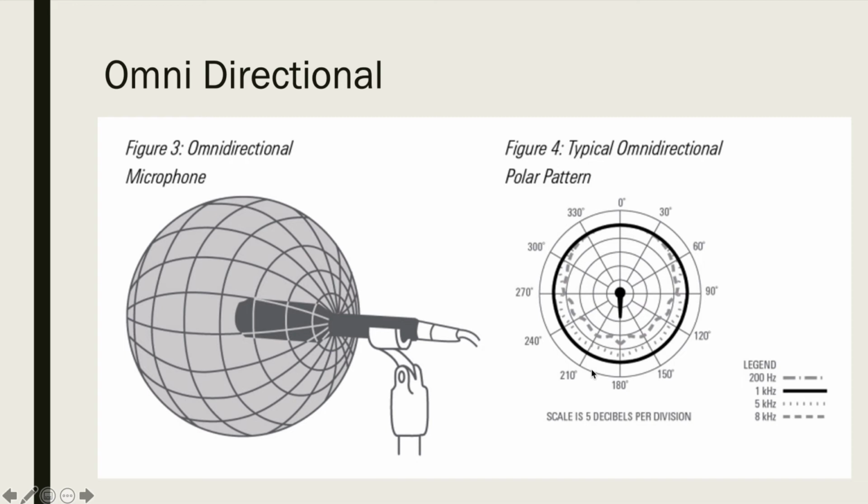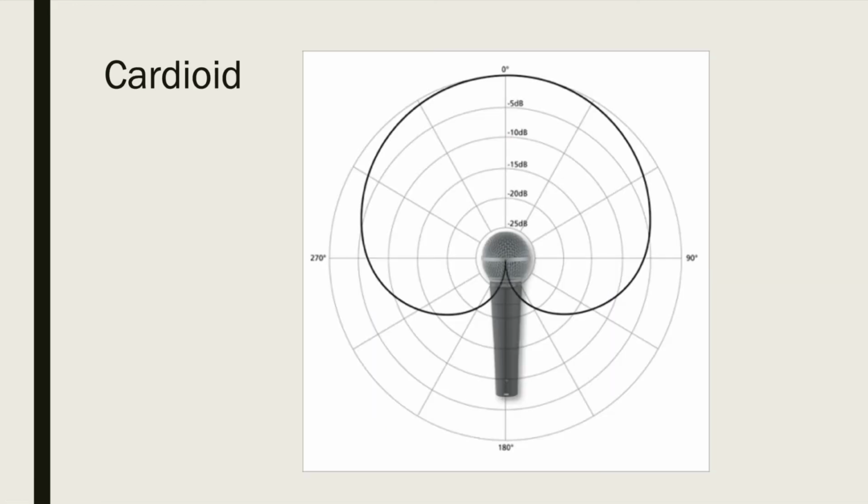So cardioid can be super useful in situations such as vocal recording. Let's say I'm recording a lead vocal and I'm using a cardioid microphone. Your lead vocal, 9 times out of 10, you're going to want absolutely smack in front of the mix, sounding really close, really intimate, on top of everything else almost.